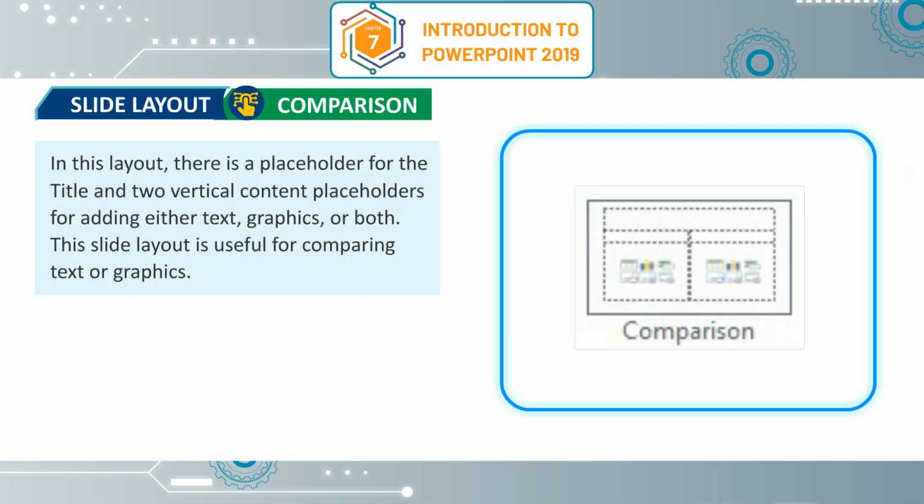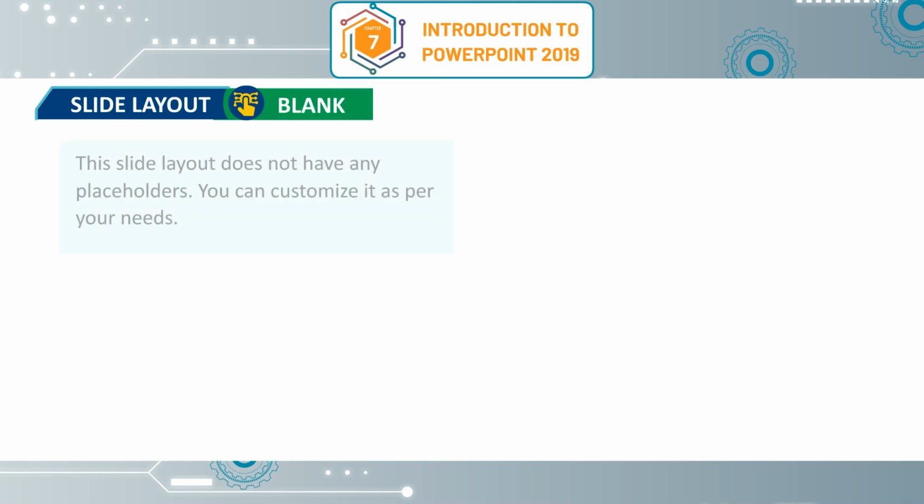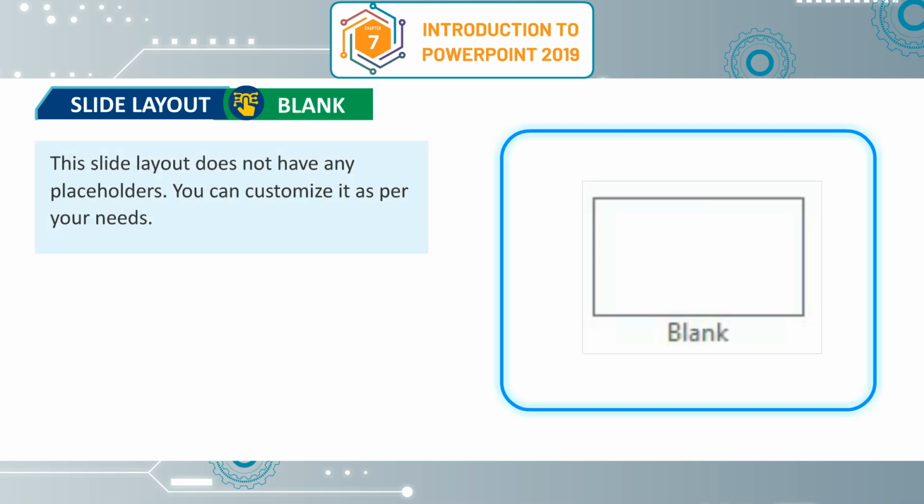Comparison. In this layout, there is a placeholder for the title and 2 vertical content placeholders for adding either text, graphics, or both. This slide layout is useful for comparing text or graphics. Blank. This slide layout does not have any placeholders. You can customize it as per your needs.